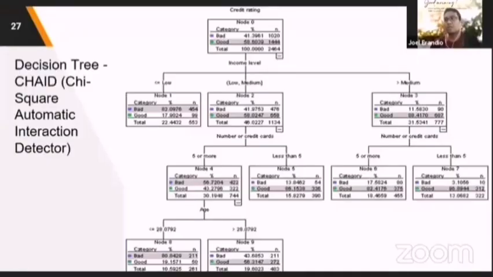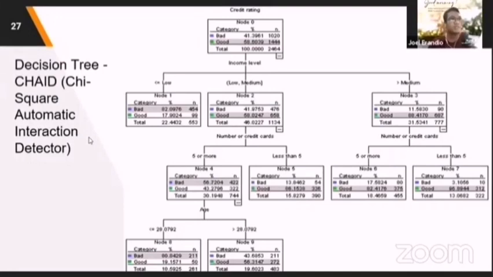Another form of application is decision tree. I know decision tree is not part of statistical subjects, I think in SLSU. So I've learned decision trees outside SLSU.